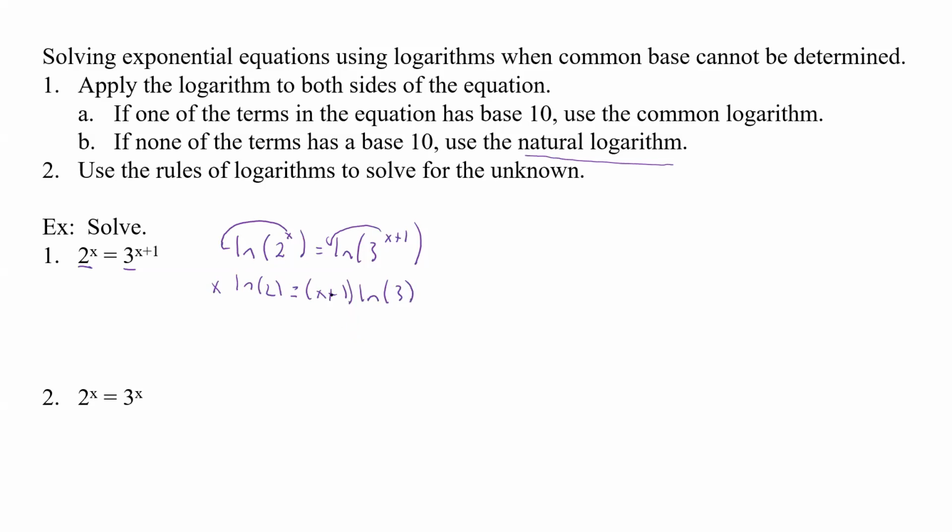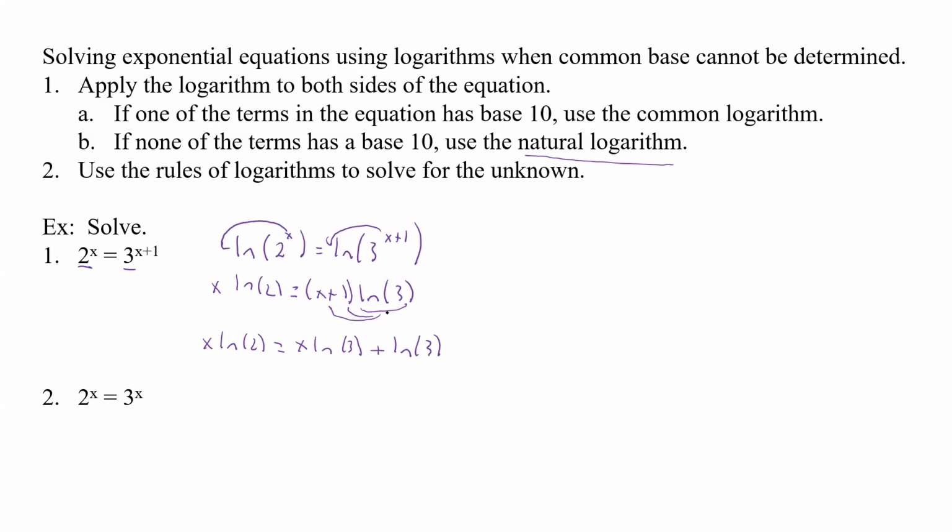Okay, so now what can we do? Well, it depends on how you want to look at it. But what we can do is take this ln of 3 and distribute throughout here. Okay, and so we get x ln of 2 equals, now we have x ln of 3, and then 1 times that is just plus ln of 3.